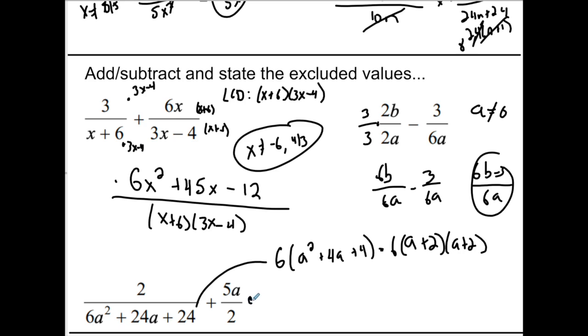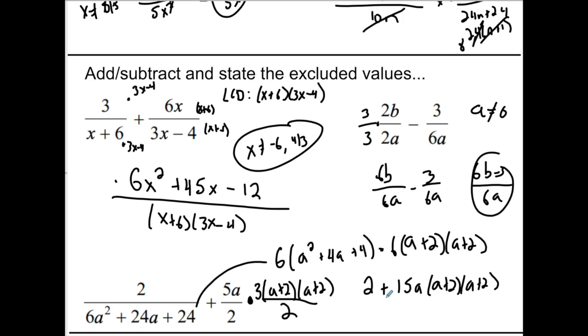Okay, so I'm going to need to multiply this by 3, a plus 2, a plus 2, because remember, you want to multiply top and bottom by 3, a plus 2, a plus 2.